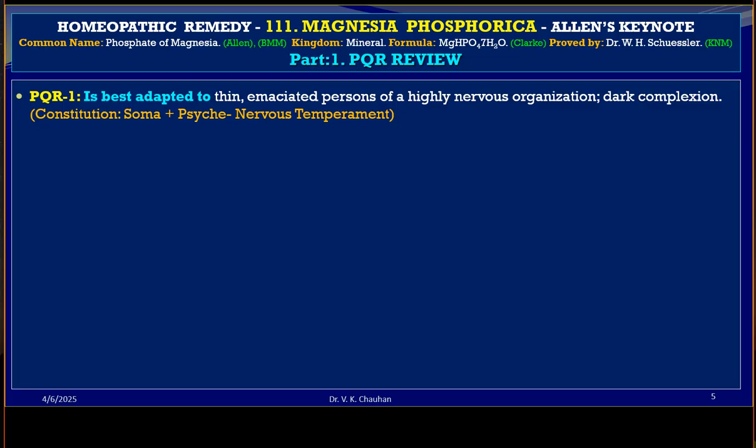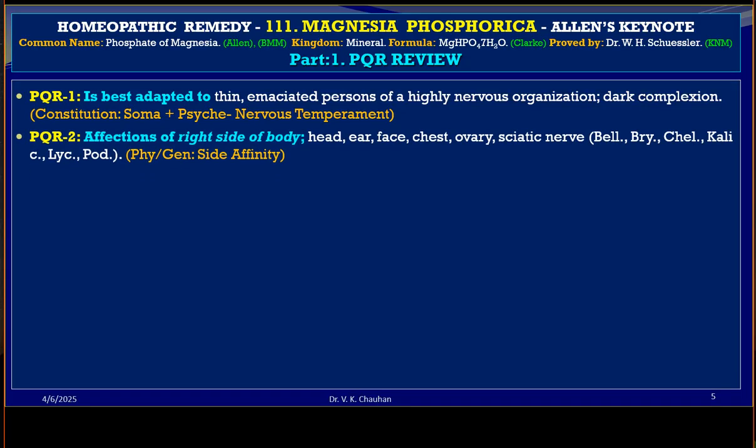Magnesia Phos is the patient who is a thin, emaciated person having dark complexion. It is the somatic or physical component, and for the psychic component he tells us highly nervous organization, which means a nervous, anxious person. So this small line gives us the constitutional characteristics of Magnesia Phos.